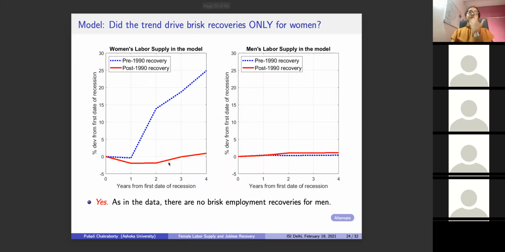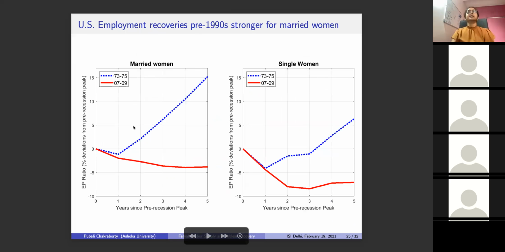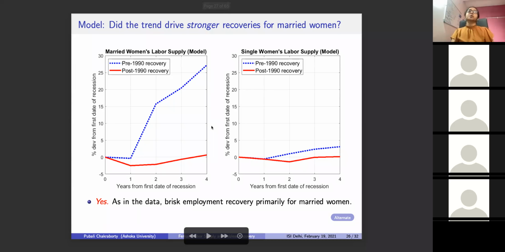And my model also generates the same result, that the trend is driving brisk recoveries only for women, not so much for men, and not all groups of women, as we saw in the data, that married women are the ones who have really changed in terms of their recovery patterns. It's consistent with what I find in my model as well.